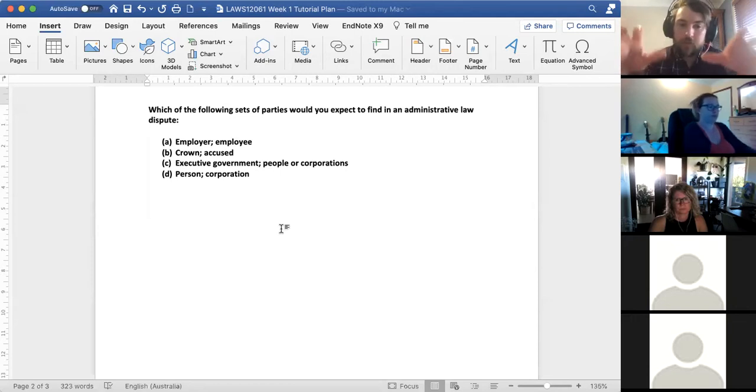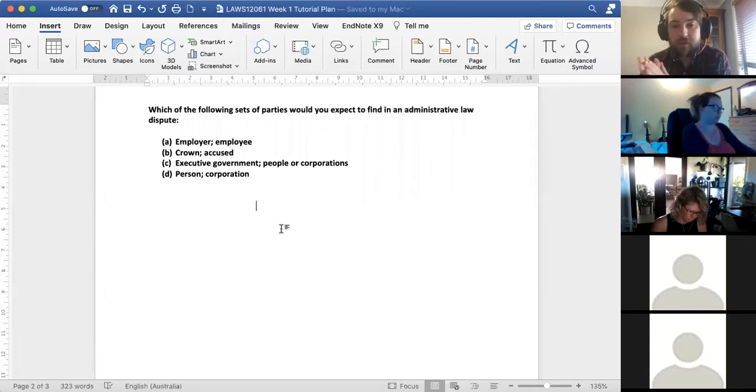These questions are presenting the pairs in a dispute. You could certainly have a person or a corporation on one side of a dispute in an administrative law setting, but to capture both sides of the dispute, you'd need the executive government as well, which is why the answer is C to that one.